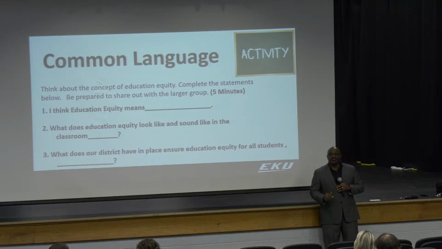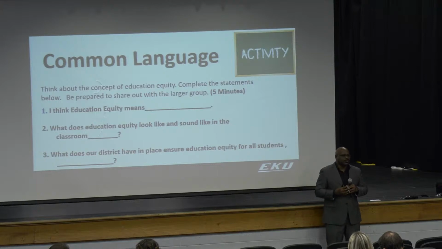I'm not talking about items of excellence. I'm talking what are some systemic things we know that address all students' needs in Estill County? Something systemic. Because we know all the schools are doing good things, but how do you formalize those good things that are meeting students' needs?